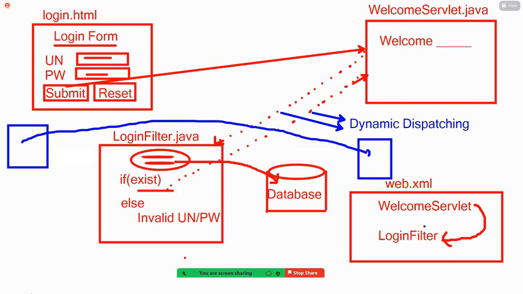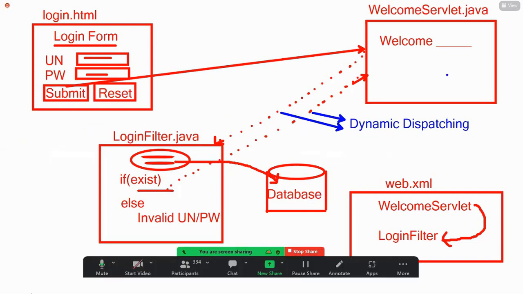But here you can configure: whenever a request comes to this one, divert the control to the login filter. Again, come back. Like this, n number of times you can make it a dynamic link. Now this filter is not specific to this servlet. This filter can be applied to other servlets also.